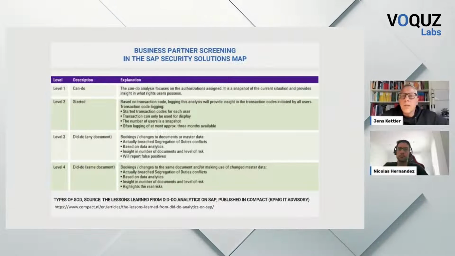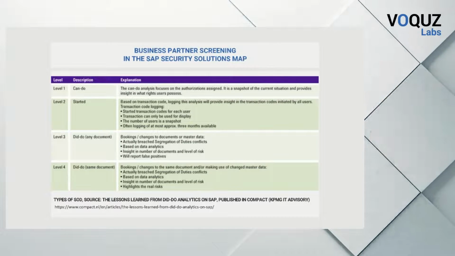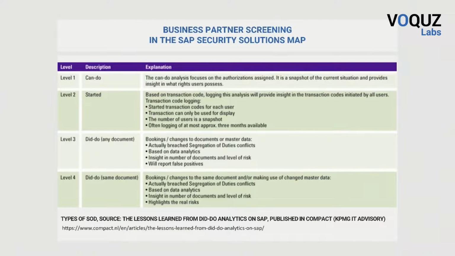And then they refine the level of authorizations. They go to level 2, 3, and 4, and maybe we can check back the table here so that viewers can see that. So level 2 is then based on the actually executed transaction codes.